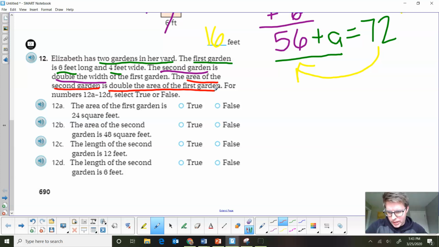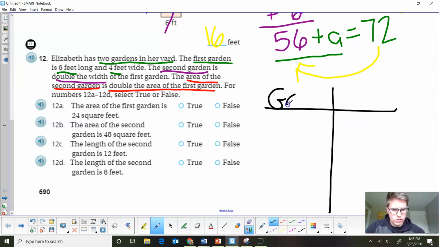Wow. Okay, so before we can even start this, I think it would be best if we figured out the area of the first garden. So let me just make a table here. This is garden 1. This is garden 2.